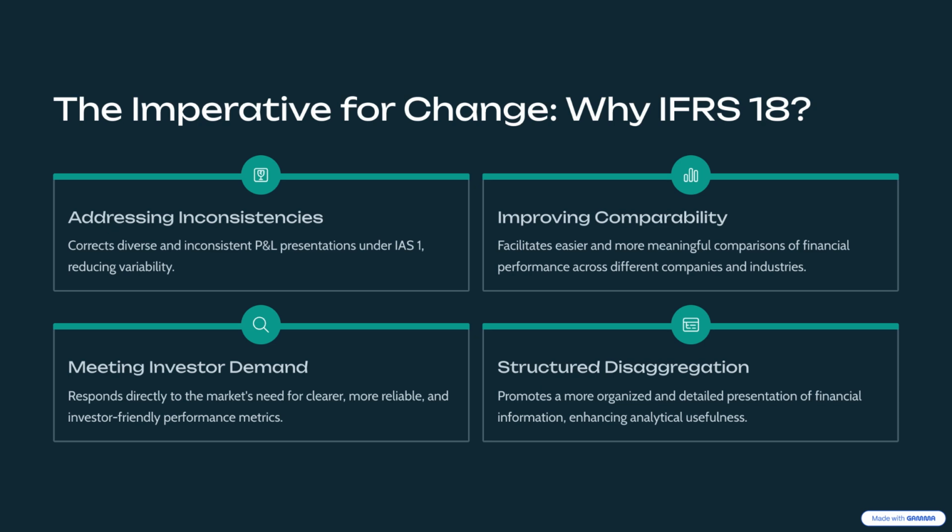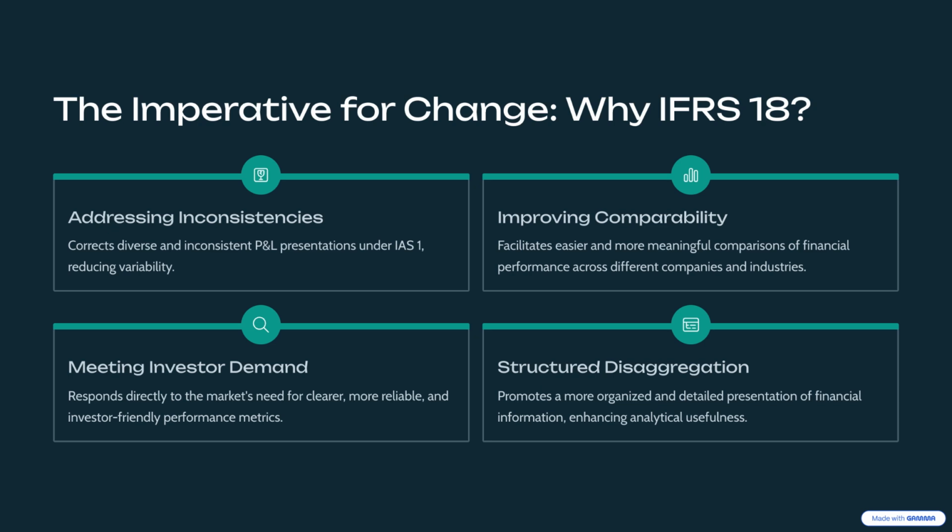1. Addressing inconsistencies in presentation. One of the key problems under IAS 1 was the wide variation in how entities presented income and expenses, especially within the statement of profit or loss. Entities had significant discretion in choosing line items and subtotals, often leading to confusion or ambiguity about what was included in key performance metrics like operating profit.